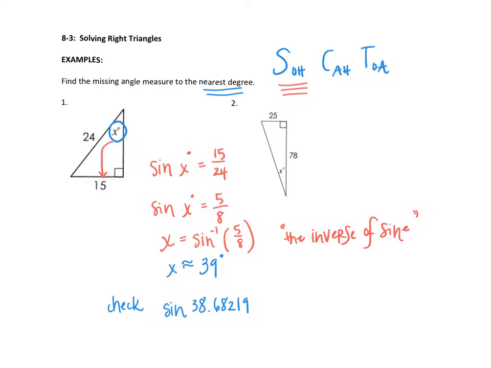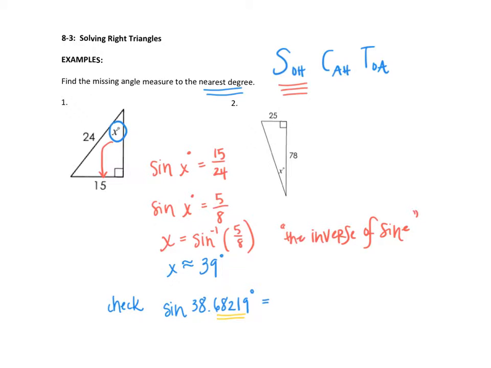So the sine of a 38.68219 degree angle, you can actually plug that in directly, and it's going to give you a decimal. Well, then if you do 5/8 or even 15/24, you should get that exact same decimal. Now, 5/8 is exactly 0.625, and since we didn't enter all of the digits, you're going to see that they're going to be right at 0.625.